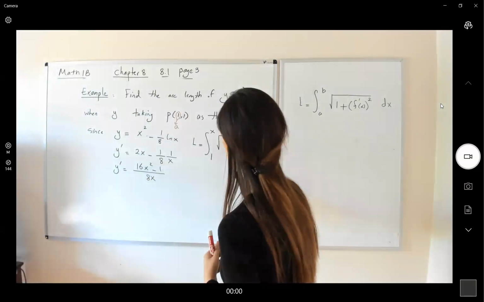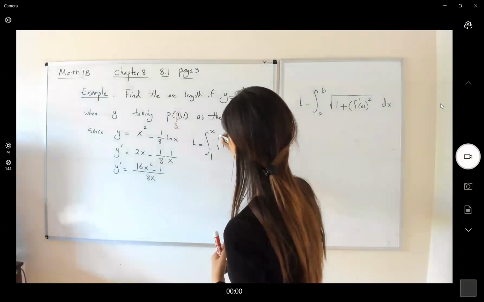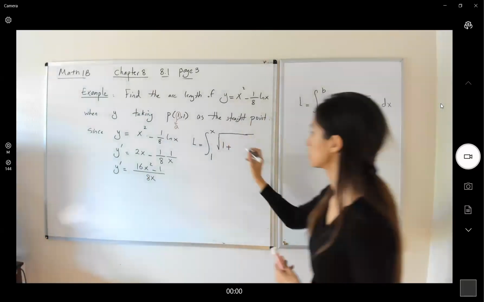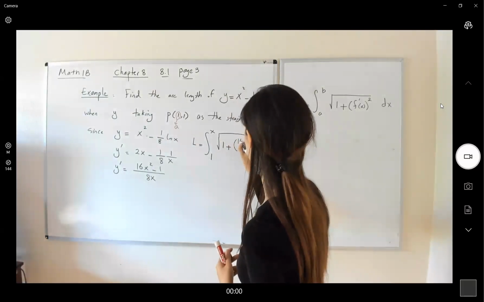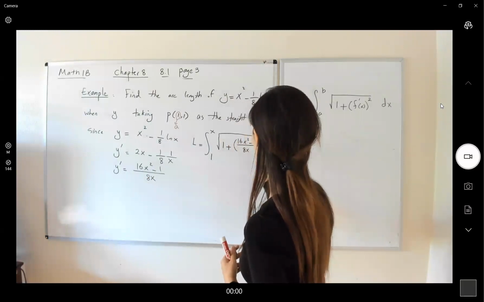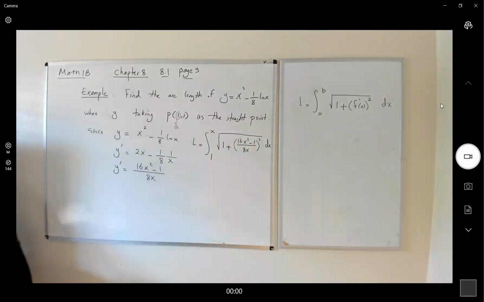And the integral of 1 plus the derivative, which is here, raised to the second power. So here you have 16x squared minus 1 divided by 8x, squared, with respect to x. Here we go. Let us continue.